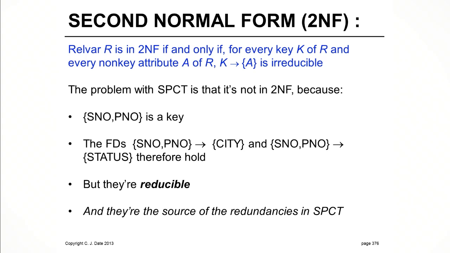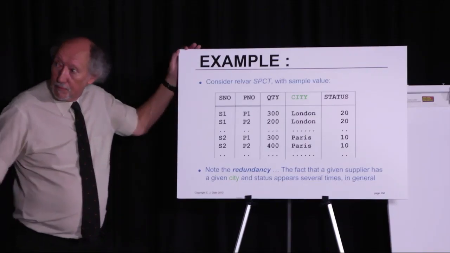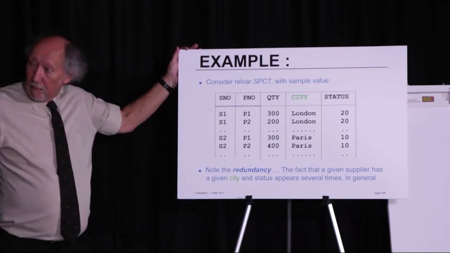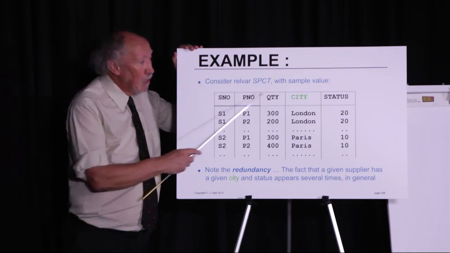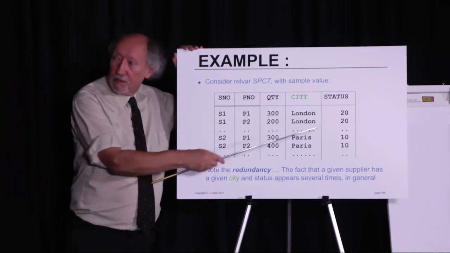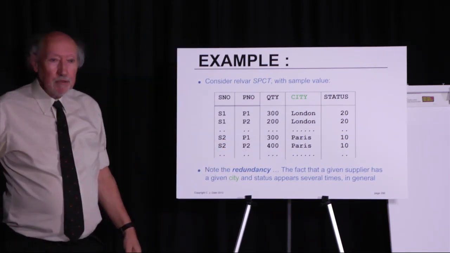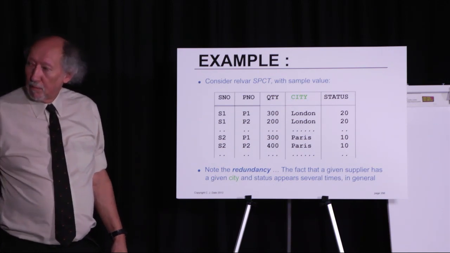You see, the problem with SPCT here is that it's not in 2NF, because the only key is the combination of supplier number and part number. So S number, part number arrow city certainly holds, and S number, part number arrow status certainly holds, but they're both reducible. We can drop the part number.